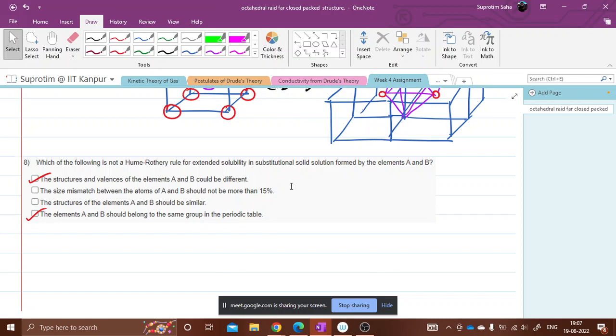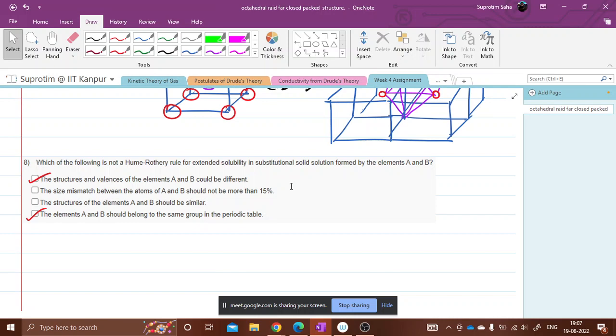The structures and valences of the atoms A and B could be different. That is not correct, because when you are having an ordered structure, let's say for copper and nickel solution, they both are FCC. But for copper and zinc, copper is FCC and zinc is HCP, so there will be lattice mismatch, and that will not be a good solid solution.